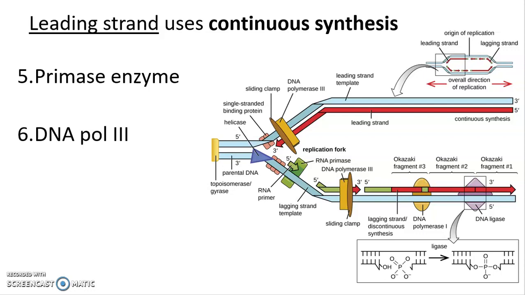When we look at this process in E. coli, the enzyme is known as DNA polymerase 3 because it was the third enzyme discovered in the cells.